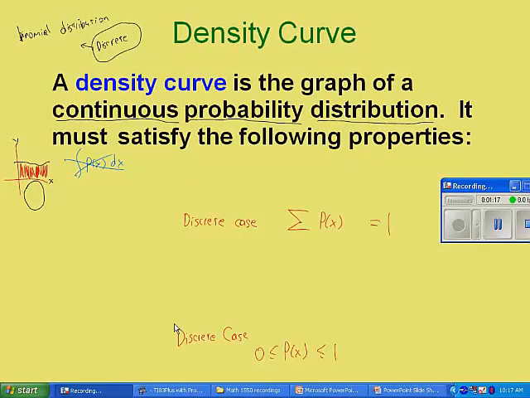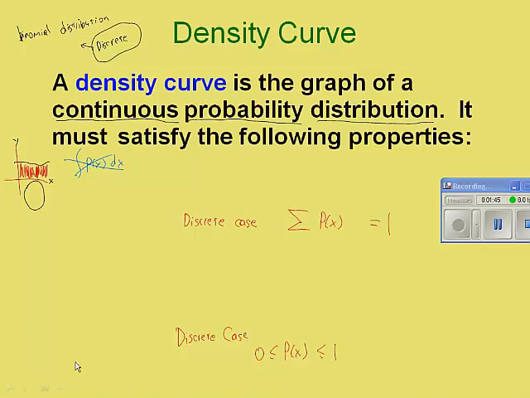Remember, these were the properties for the discrete. All the probabilities had to be between 0 and 1. And what does this mean? So what is it saying? If you made the chart for the very last question on the short answer, one thing that you better have, and I'm going to check for, is that your probabilities all add up to 1. Because if they don't, then you don't really have a probability distribution, right?